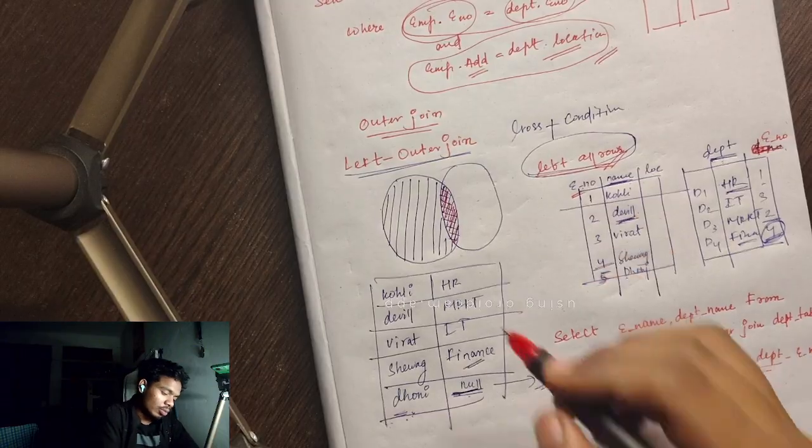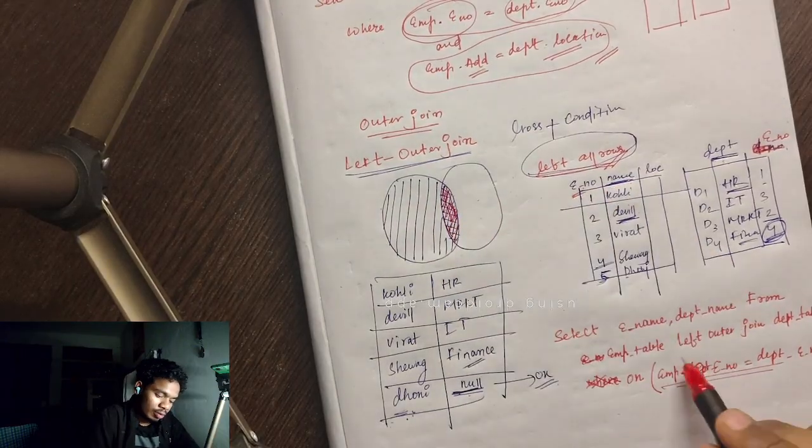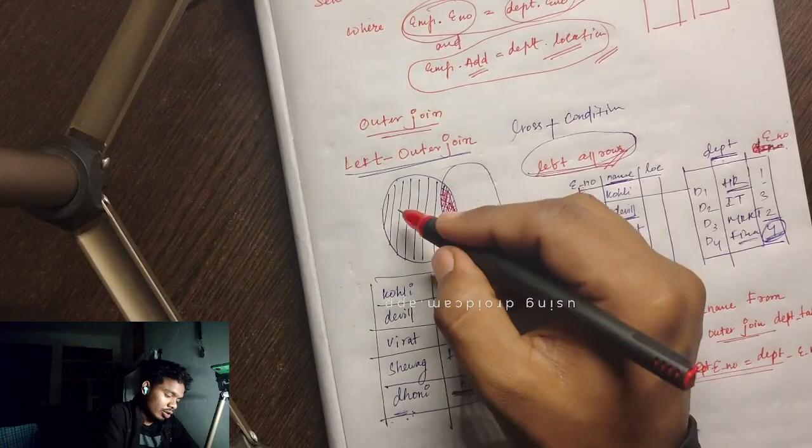Now this will come like this, and due to left outer join this will be the result.